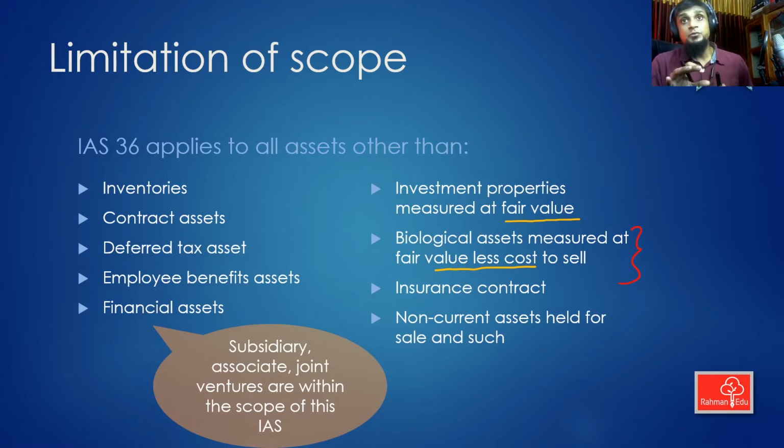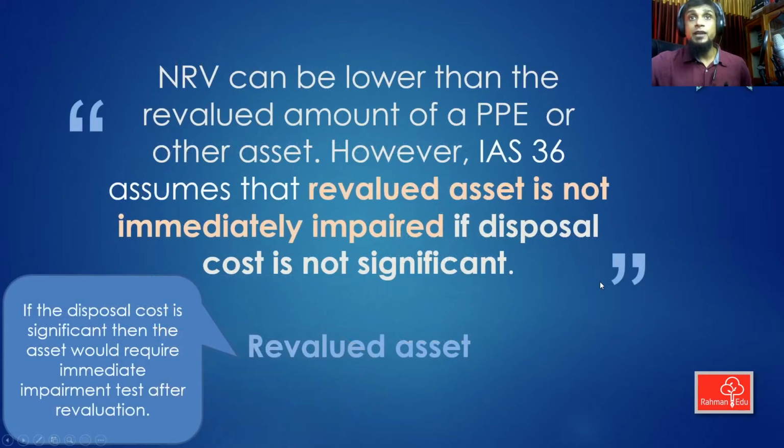Alright then, we will talk about a particular issue at this moment, which is the issue of revalued asset. So what's the deal with revalued asset, guys? Well, say you have revalued an asset at the fair value. This is the fair value, yes? Maybe that is $10 million for a building. What's the fair value?